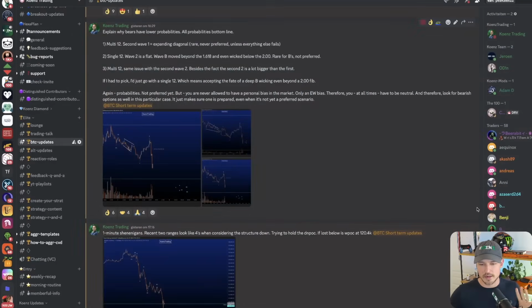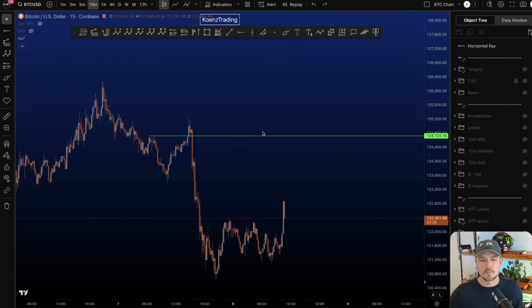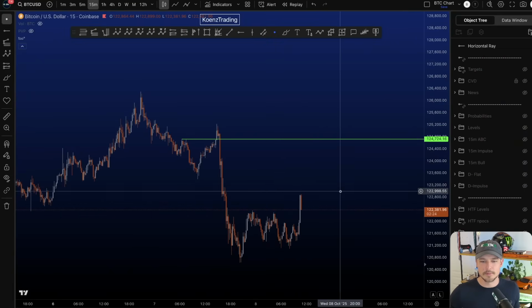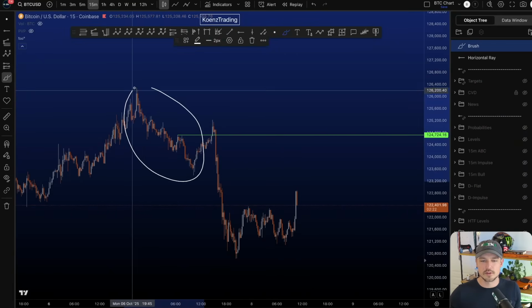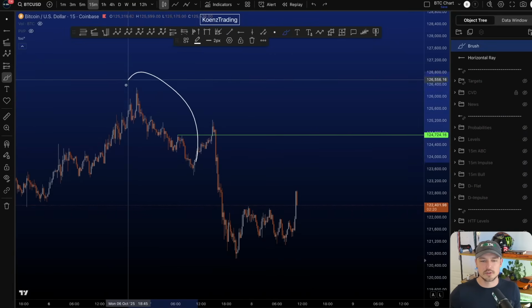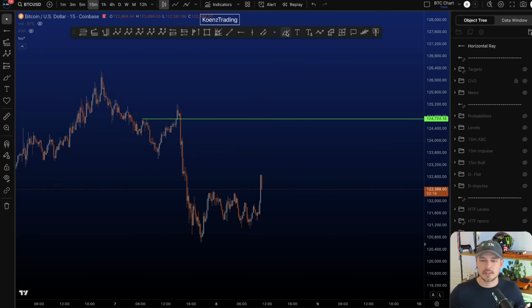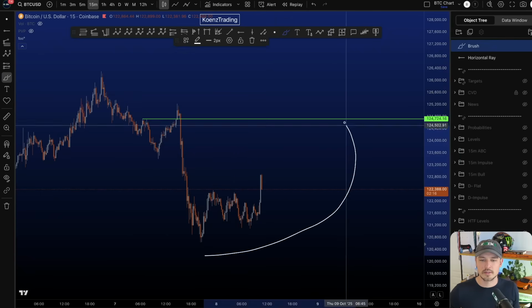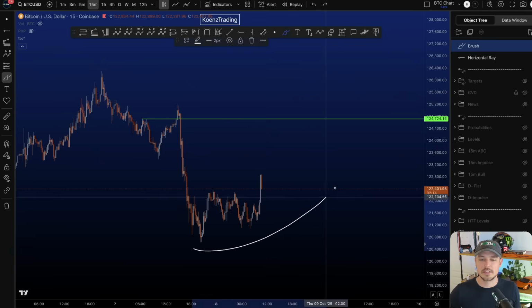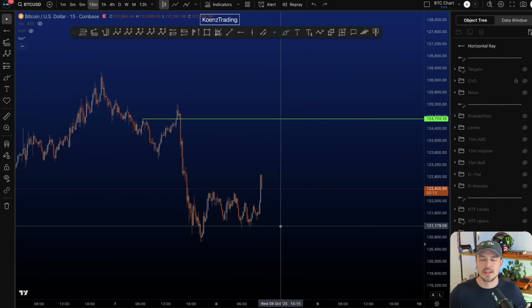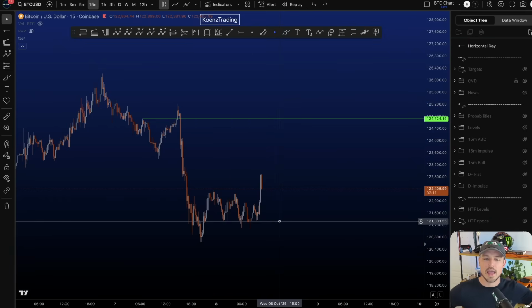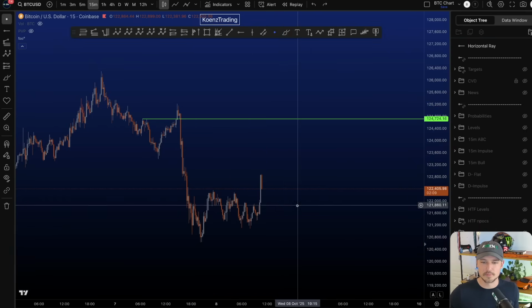There is, and I'll repeat, there is no highest probability motive wave to the downside here. If this turns into a motive wave, it is going to be hindsight counting based on the new information that we then receive as price is printing candles.